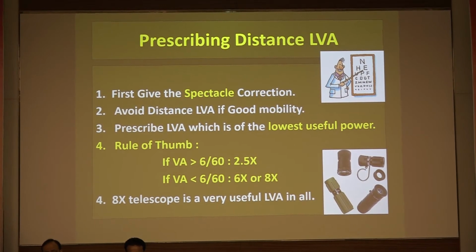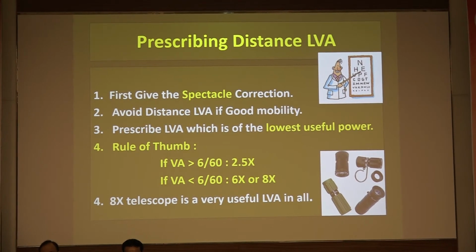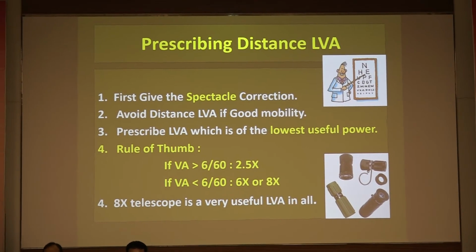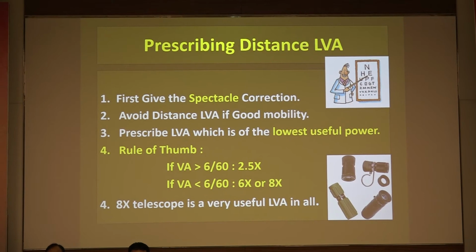The second thing to remember is that if the patient has good vision like 6/60 or even 5/60 and he's able to navigate in the environment, on the streets, in the home milieu, then there is no need for prescribing any distant vision aid. All right? The third thing to remember is that you have to prescribe a low vision device or telescope which is of the lowest useful power.